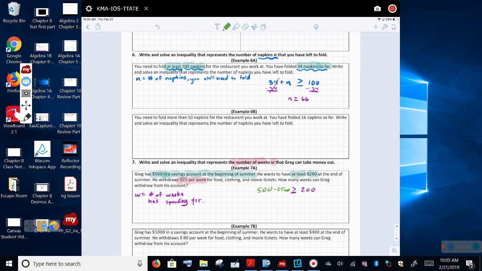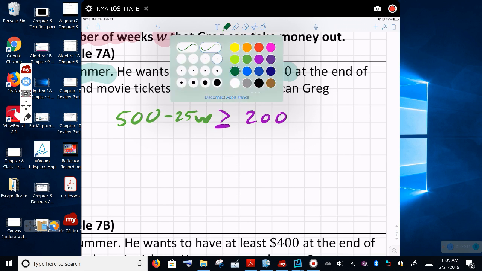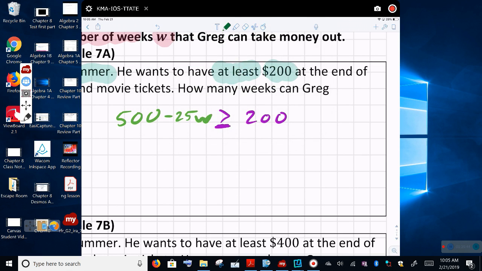The second part is then figuring out the number of weeks. So let's move in on that. It's up to you. Sometimes I know people like to make the W's positive. So we could just subtract 500 from both sides and get negative 25W is greater than or equal to, what is 200 minus 500?